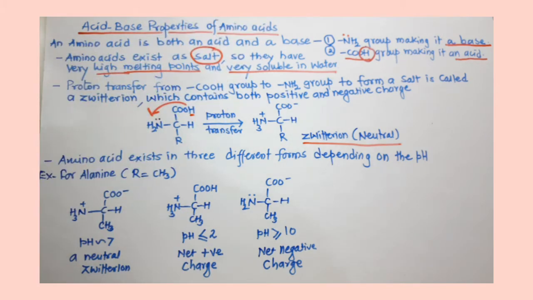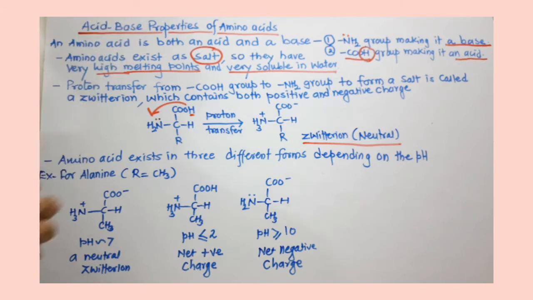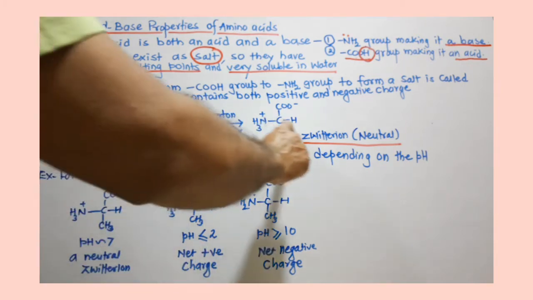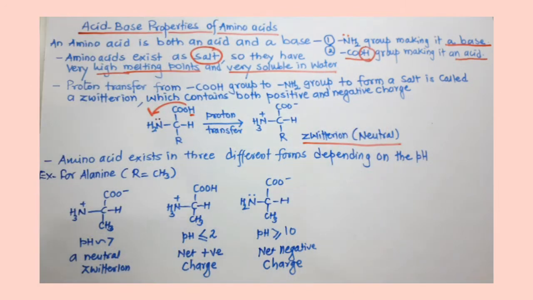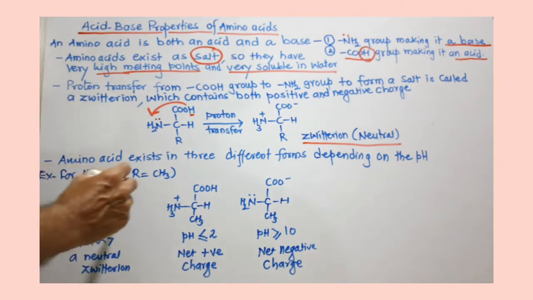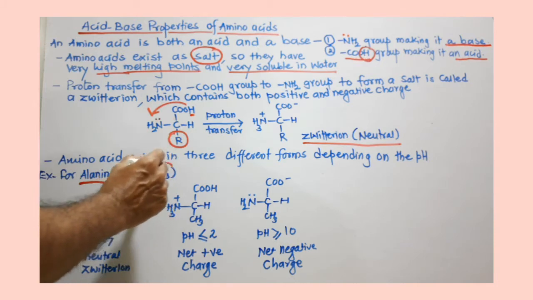Now, when the amino acid is taken in solution and we change the pH, it can exist in 3 different forms. These 3 different forms are a function of the pH of that solution. I have taken one example, alanine, where in the general form R is replaced with CH3.